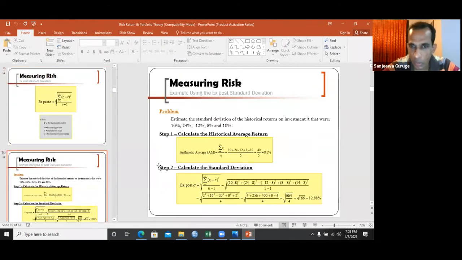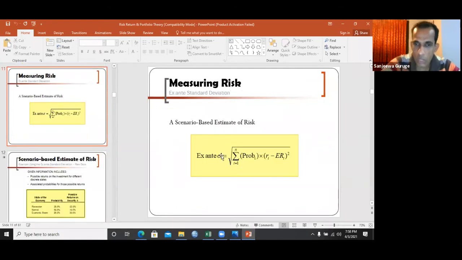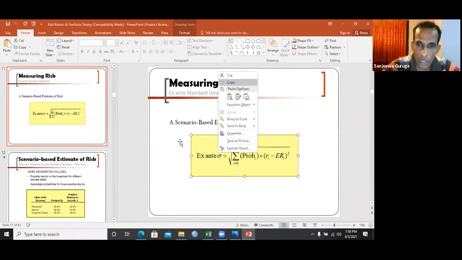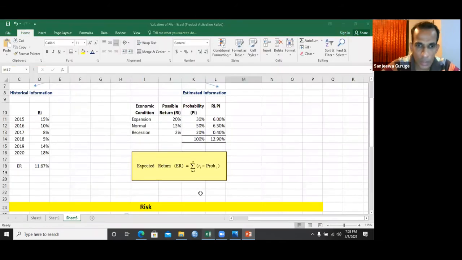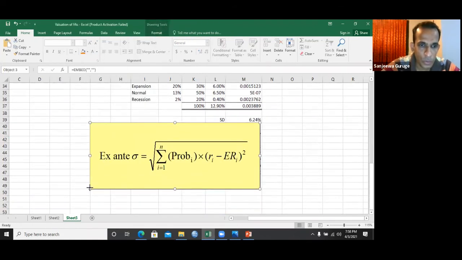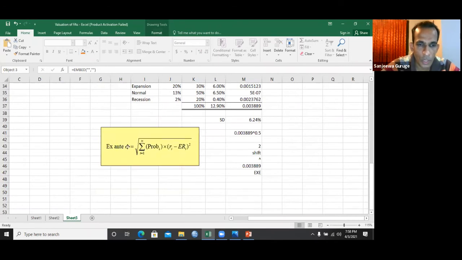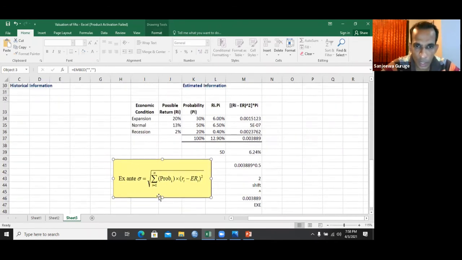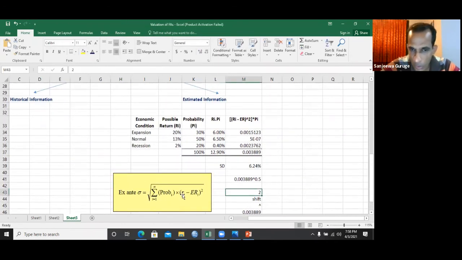And when we calculate the risk, this is what we did using the estimated data. Each possible return minus expected return, we got the squared value, then we multiplied by the probability.